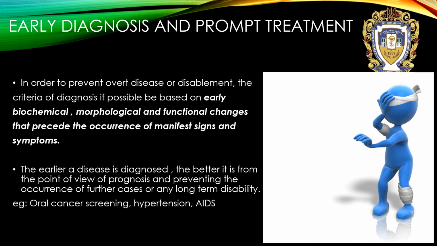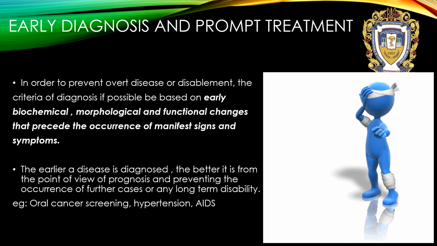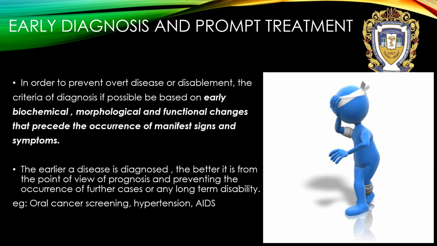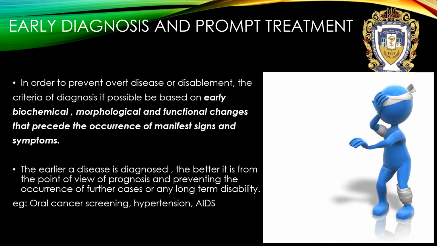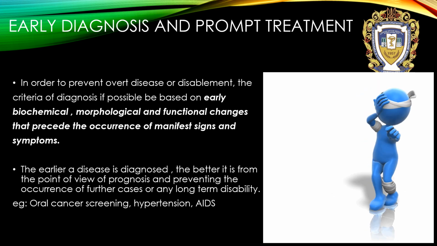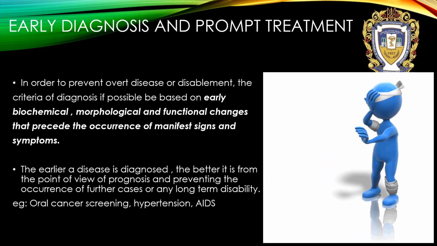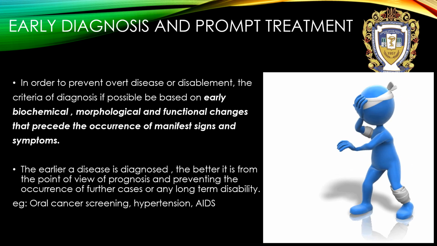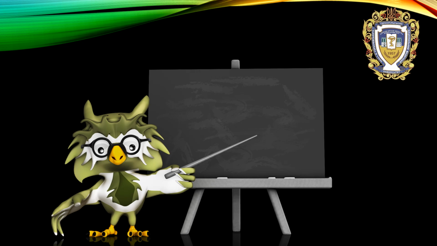The earlier a disease is diagnosed, the better it is from the point of view of prognosis and preventing the occurrence of further cases or any long-term disability. Examples of it are oral cancer screening, hypertension screening, or AIDS prophylaxis.